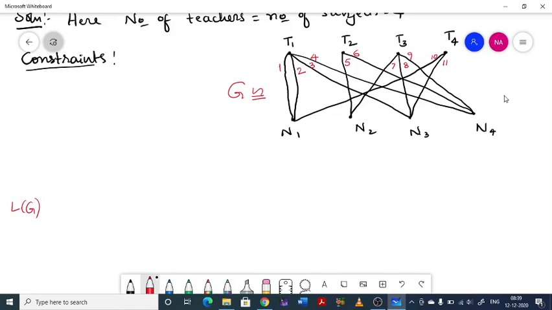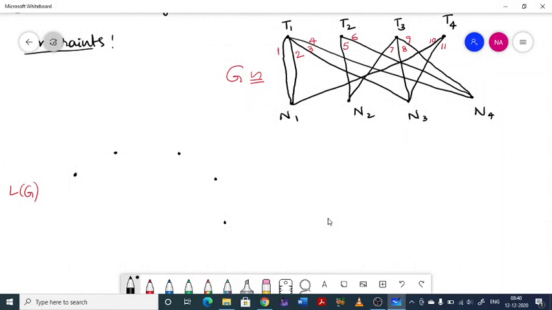So there are 11 edges in this graph G. So its line graph should have 11 vertices: 1, 2, 3, 4, 5, 6, 7, 8, 9, 10, 11. Okay, there are 11 vertices now.